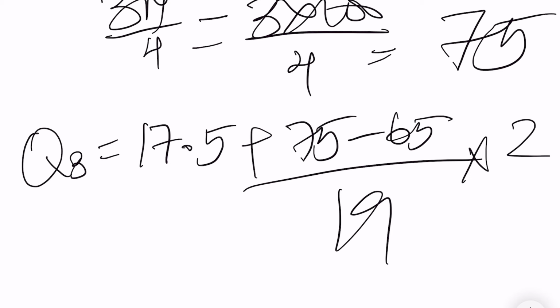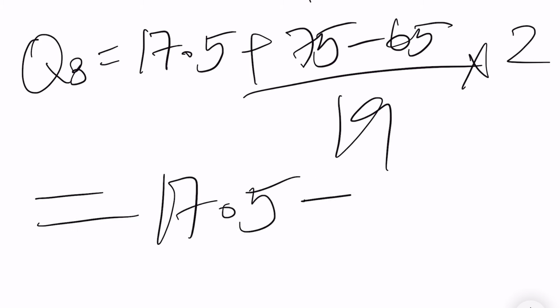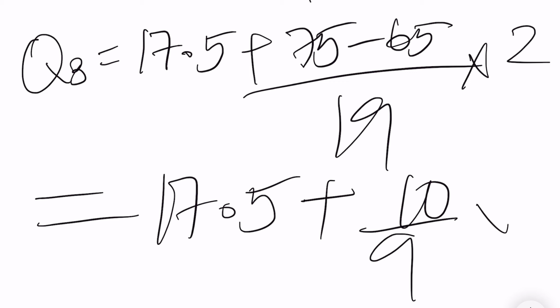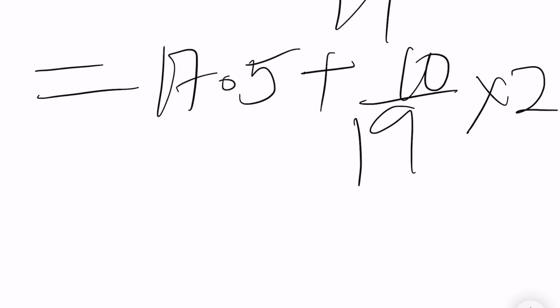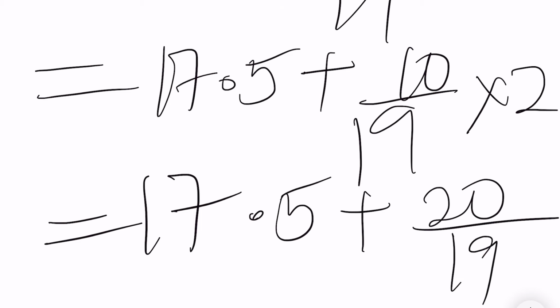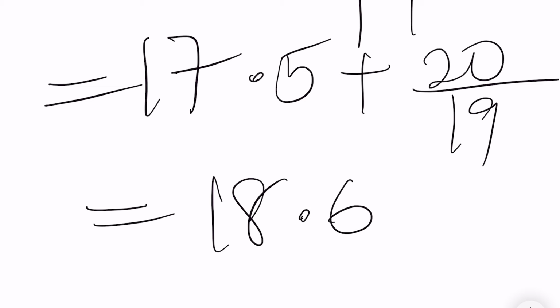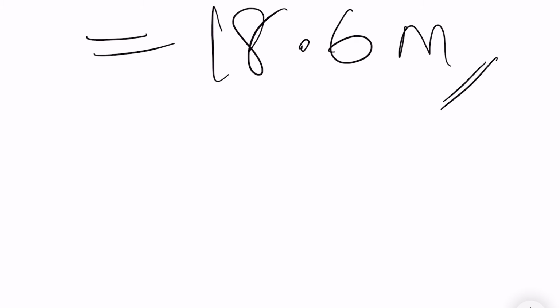The cumulative frequency before the class is 65, the frequency of that class is 19, and our class width is 2. So we have 17.5 plus 10 over 19 times 2, which gives 17.5 plus 20 over 19. Solving this, we have 18.6 meters.